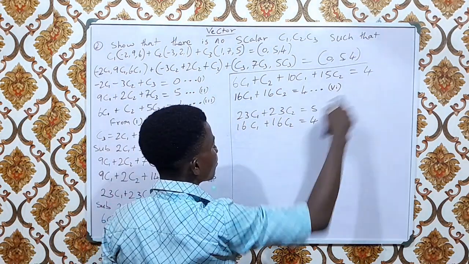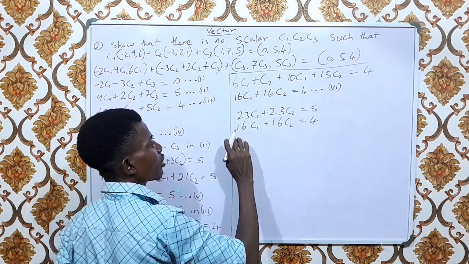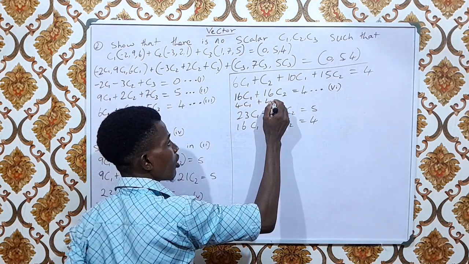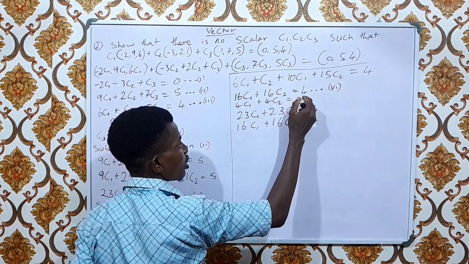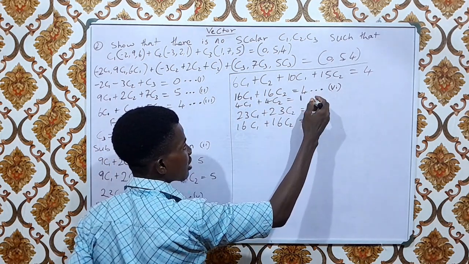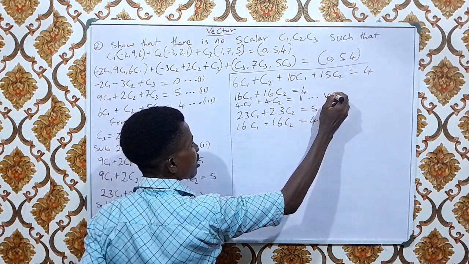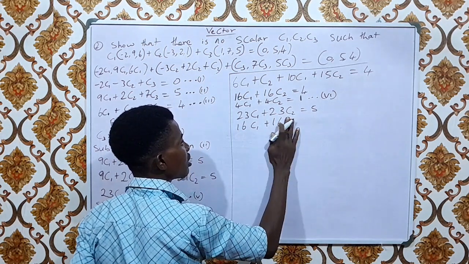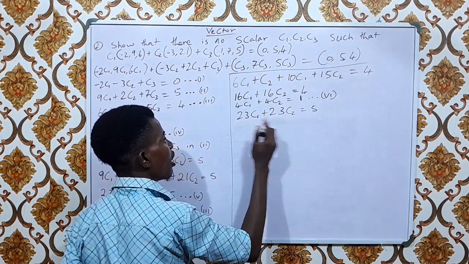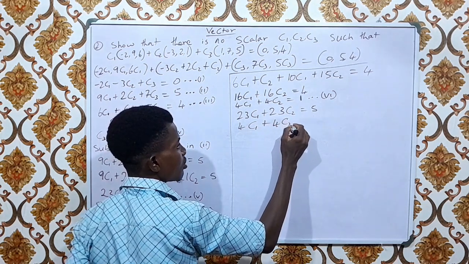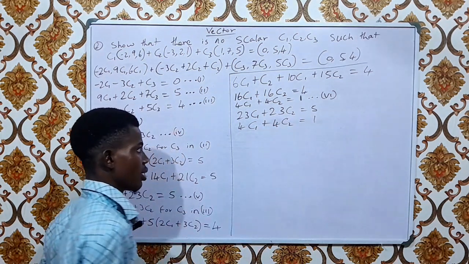If 4 divides 16, we have 4C1 plus 4C2 equals 1. So let's take this as our equation 5, and we call this our equation 6. So here will now be 4C1 plus 4C2 equals 1.